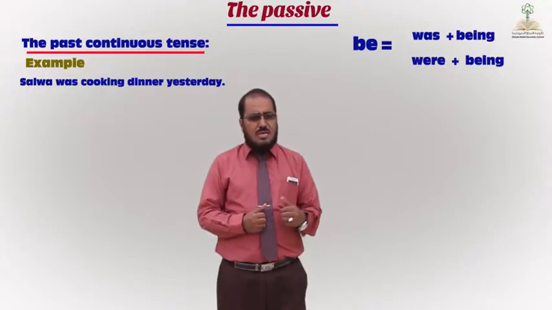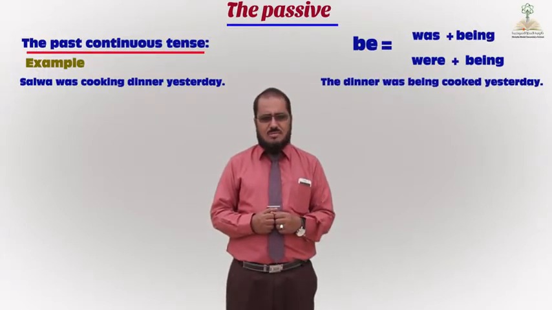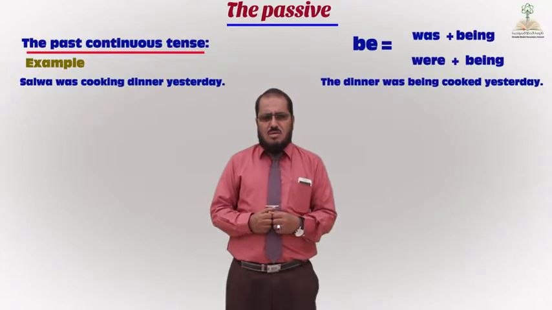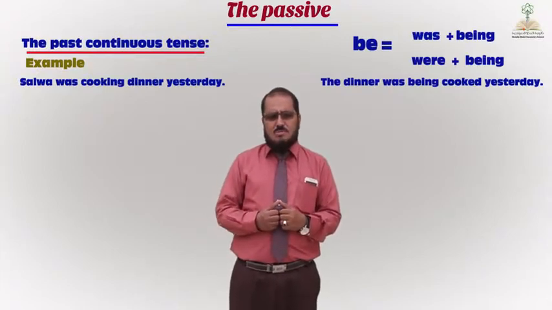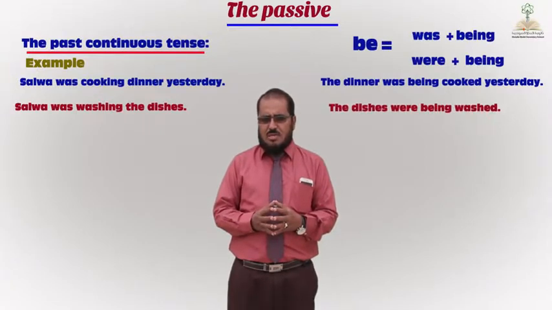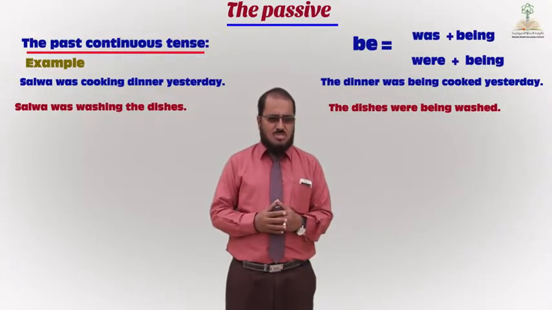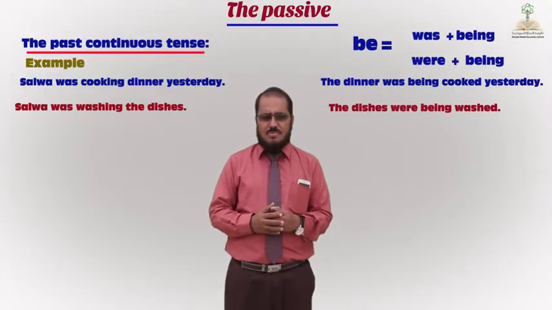The passive: dinner was being cooked yesterday. Another example for plural: Salwa was washing the dishes. Passive: the dishes were being washed. This is about the past continuous.